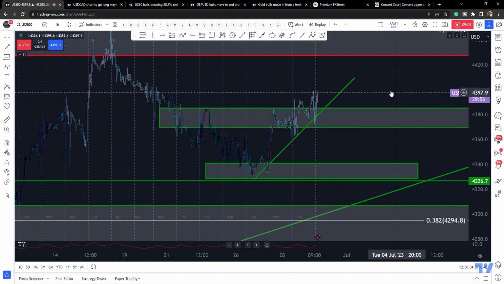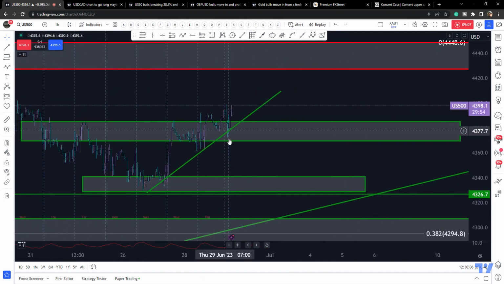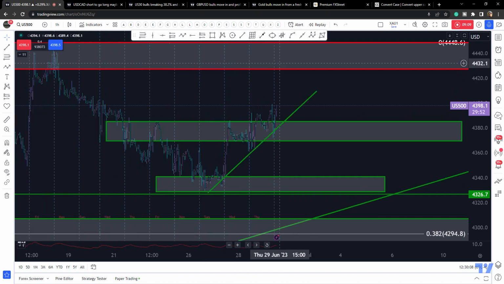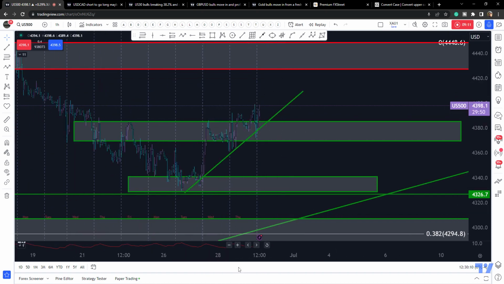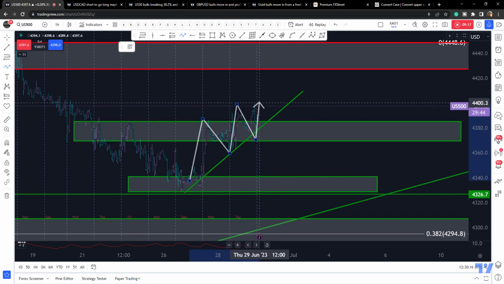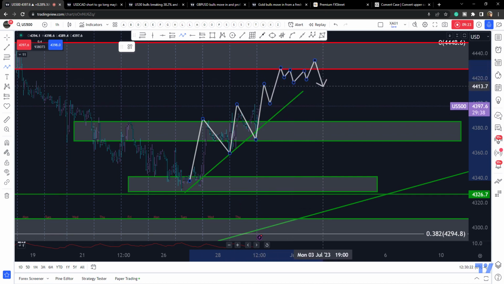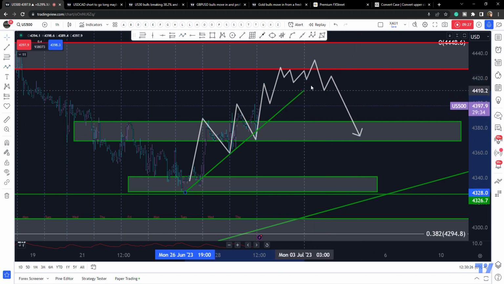And what I'm looking for is for this to continue higher, and at some point start to turn, and that would be what I'll be looking for.